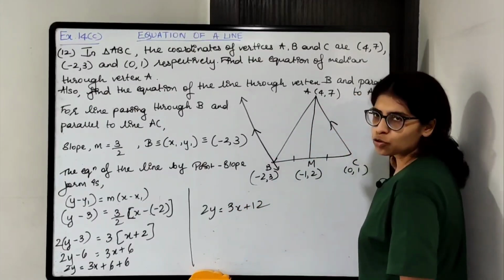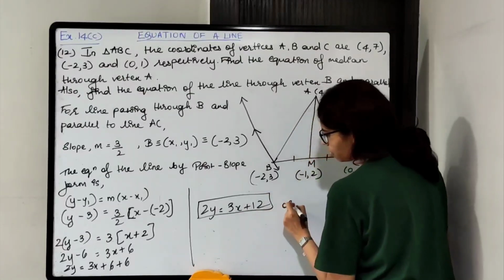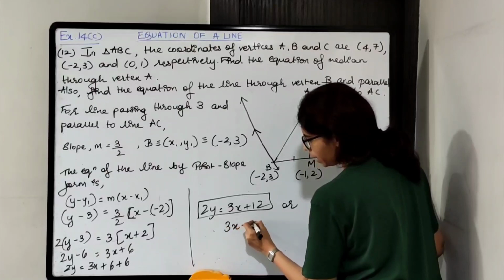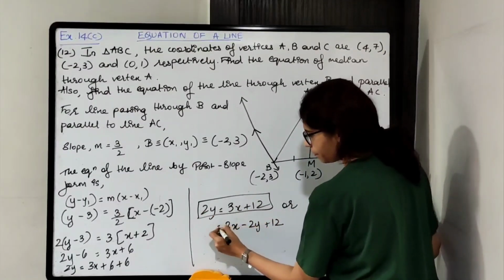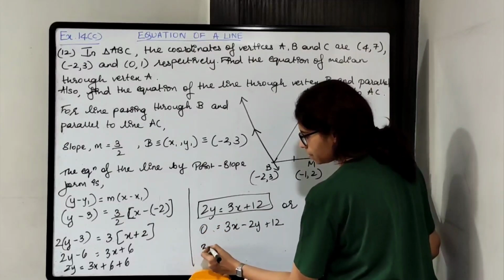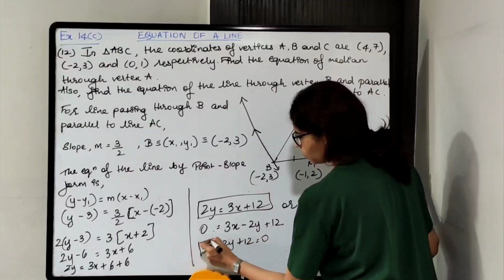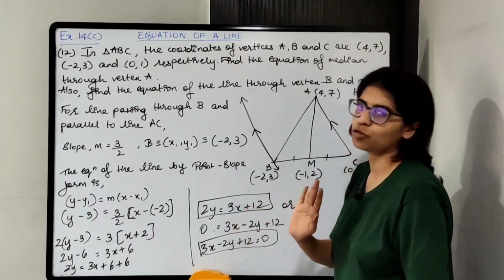This is the equation of the line. You can write it like this, or you can write it as 3x minus 2y plus 12, shifting this over here and then switch the sides. Okay, anyway, so this is also correct, this is also correct.